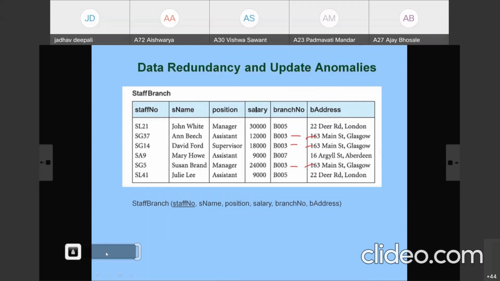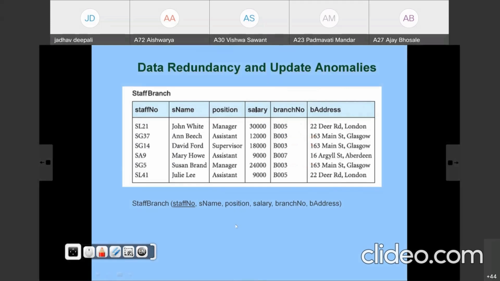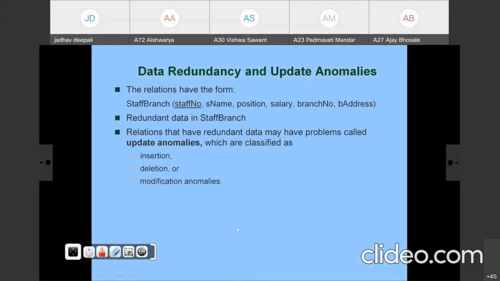Now, our aim is to reduce it. But if such kind of redundancy is there, what problem does it create? So, in this relation, we know that some redundancy is there.